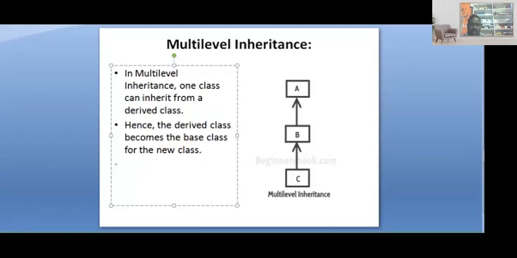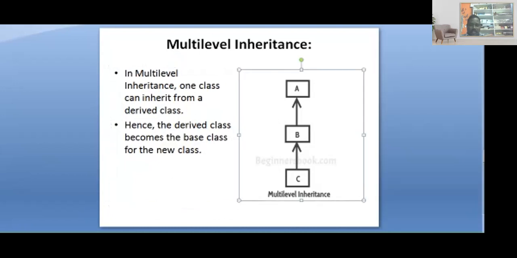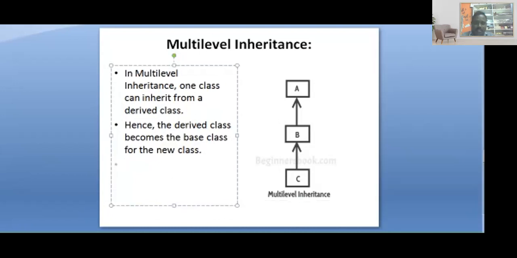A is a base class. Base class here means parent class. From A, B was derived.